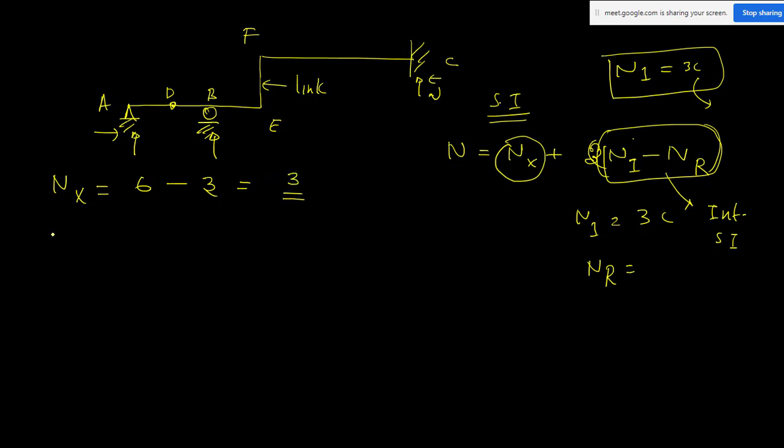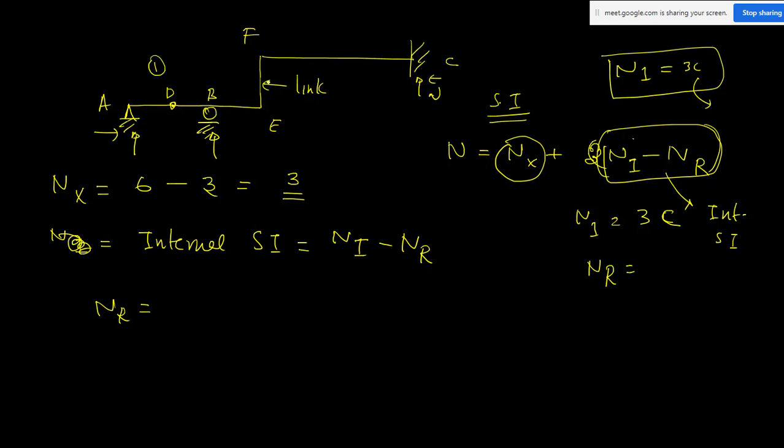Now the internal static indeterminacy. Internal can be confusing here; it is actually ni minus nr together that we will call internal static indeterminacy. I have to explain that also. We can find the number of force releases. At the internal hinge I will get one equation.